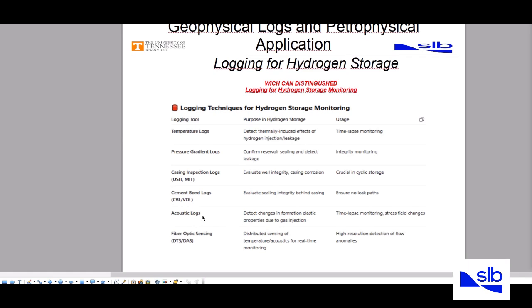So the acoustic log is the principal log used during hydrogen storage. Also we have fiber optic sensing for long-term monitoring. We monitor temperature and acoustics in real time with high resolution, and we can detect anomalies in pressure and also in compression of volume. But the principal is the acoustic logs.